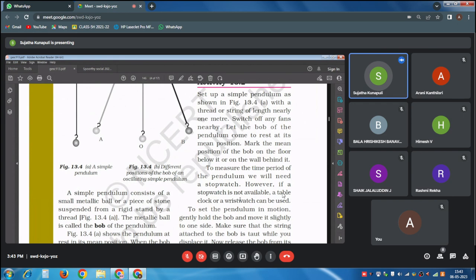See, already he has told about the simple pendulum, right? So how will the simple pendulum work?